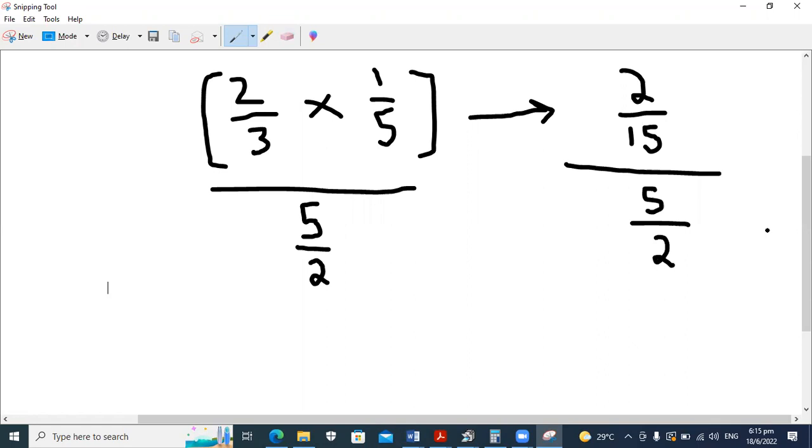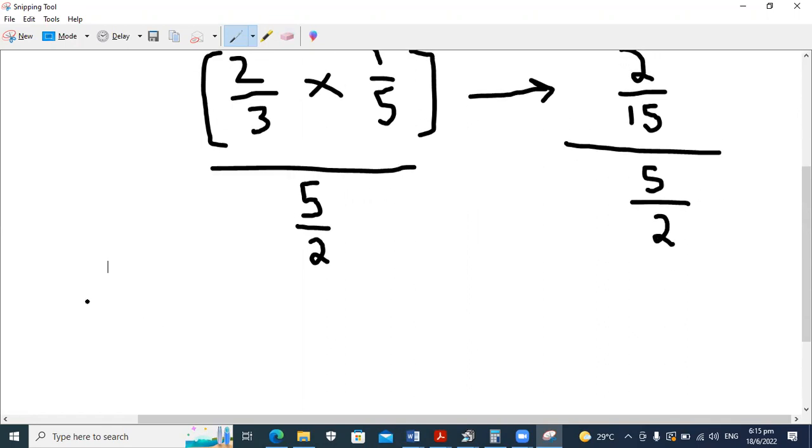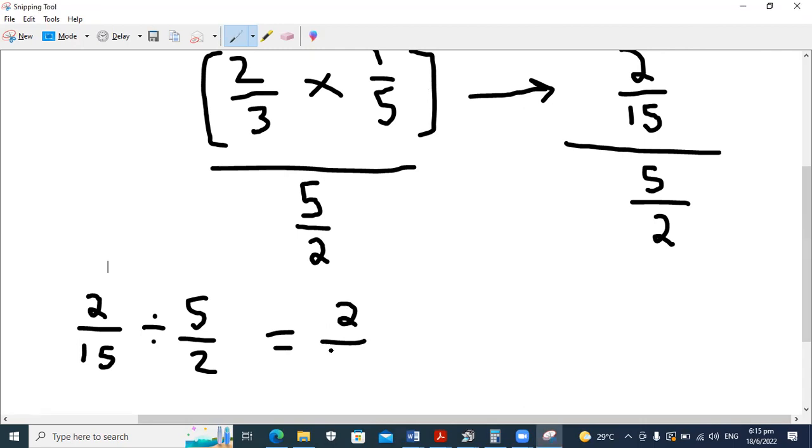So we change the division bar to a multiplication sign. All right, cool. Well, I think probably the best thing is to rewrite it with the division sign. So then now we have 2 over 15 divided by 5 over 2, so 2 over 15 times 2 over 5.